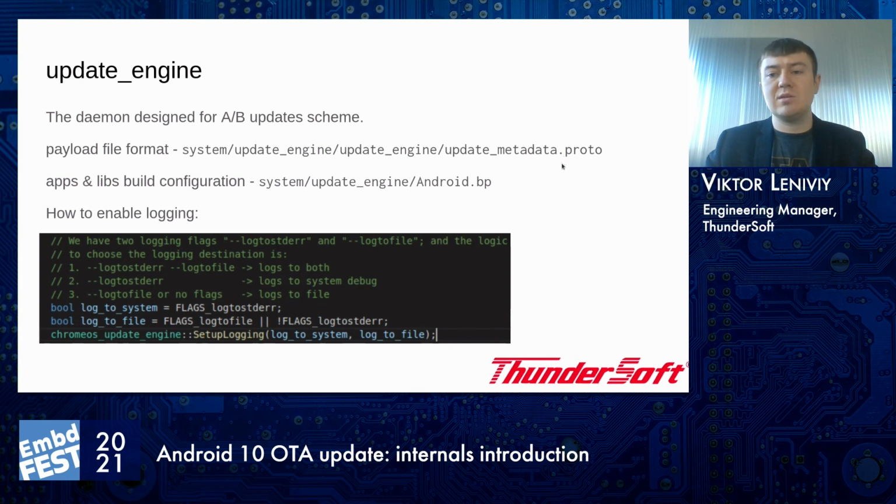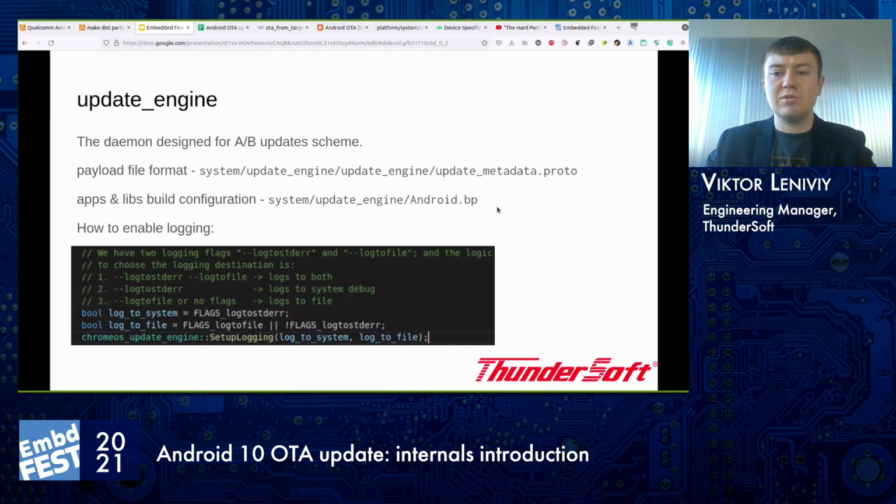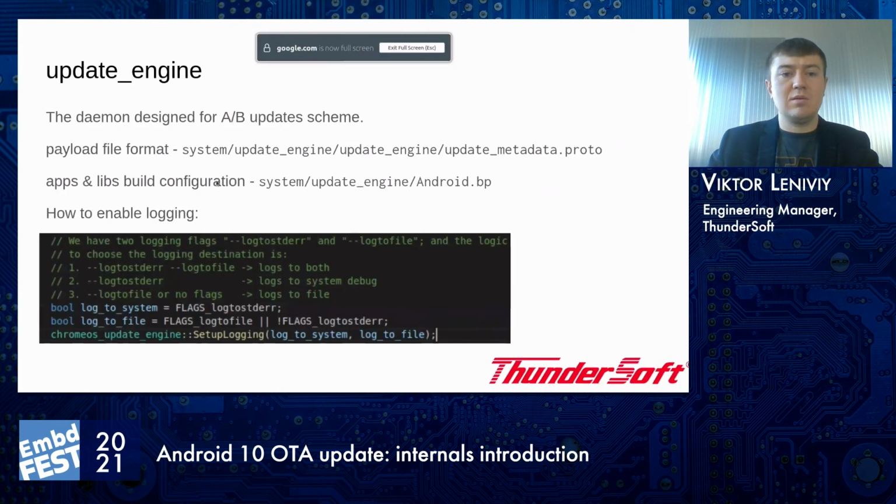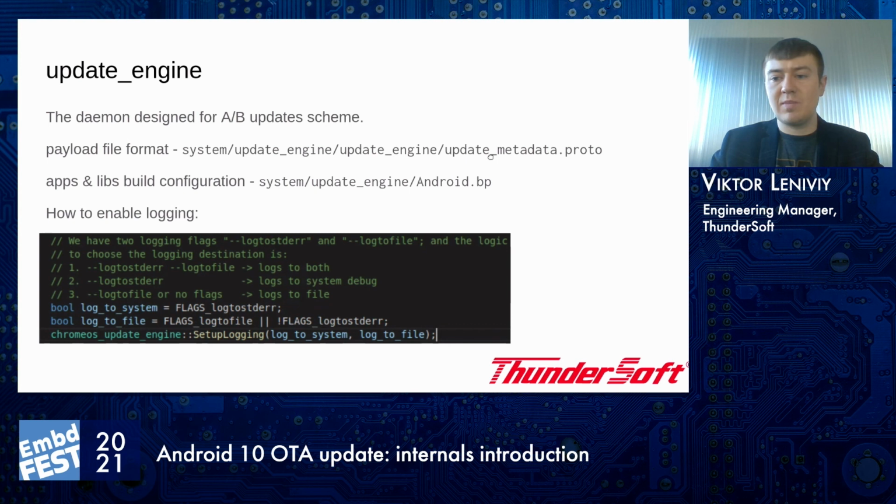So here is a good example of Google reusing its previous technologies. And here's the config for all applications and libs which are included in update engine. And also we find the place where different kinds of logs can be enabled if you start to have some experiments with update engine.